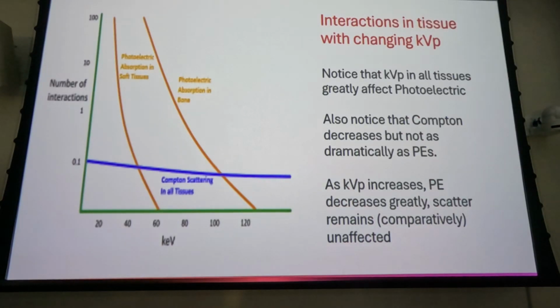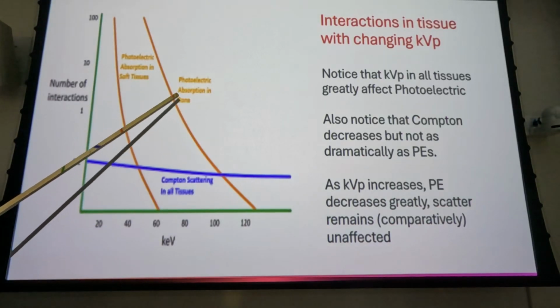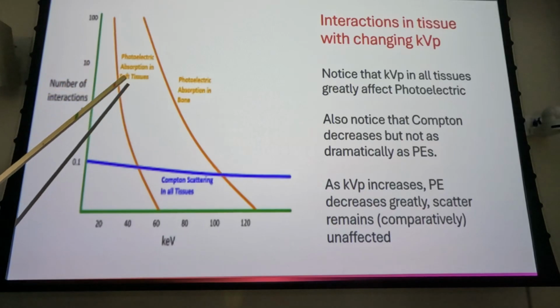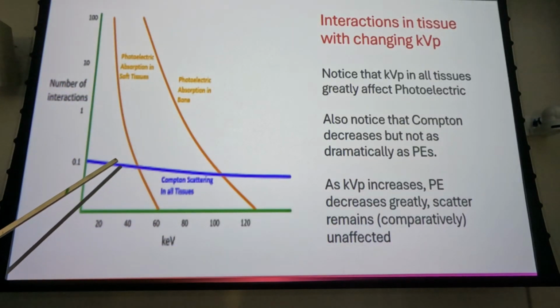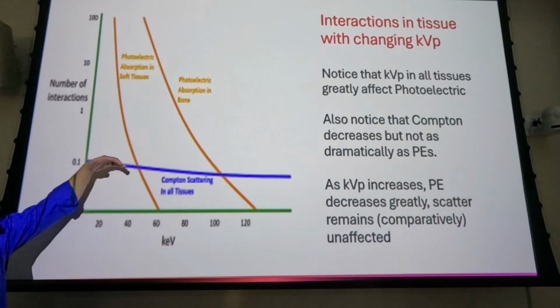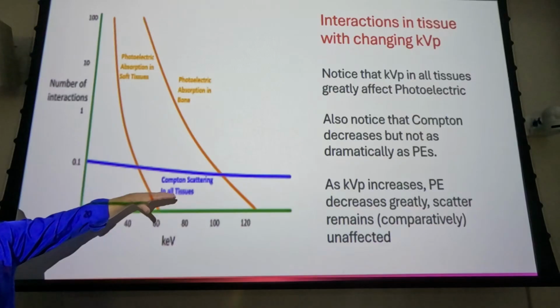Okay, so interactions in tissue. We're going to introduce another thing here: interactions in tissue with changing kVp. What you're going to see is that as we increase our kVp, our photoelectric absorption in all tissue types decreases, right? The thing that remains relatively constant, but still dips a little bit, is Compton.